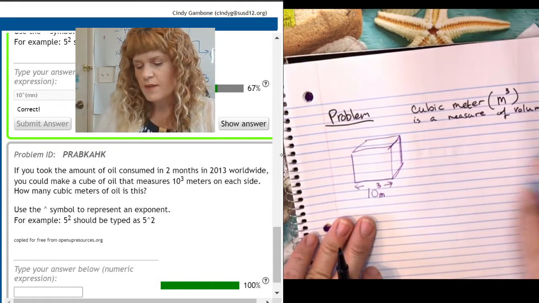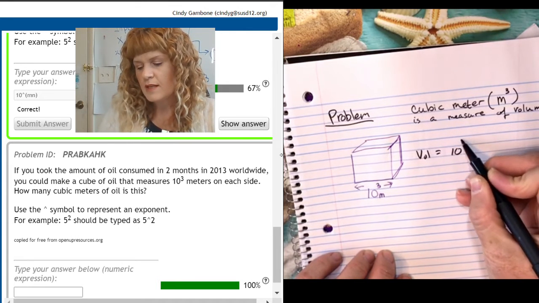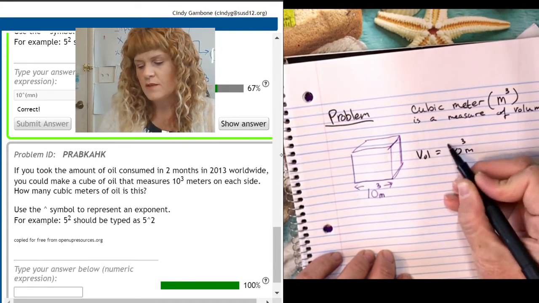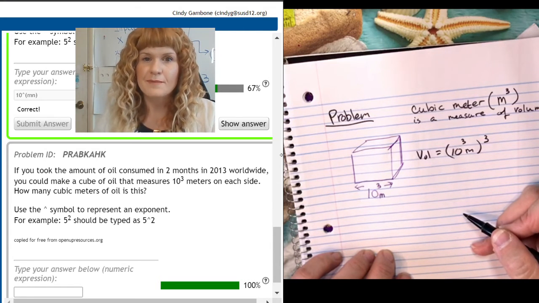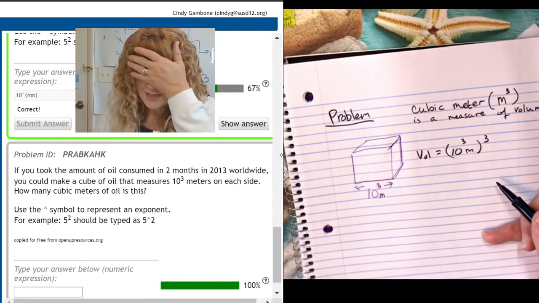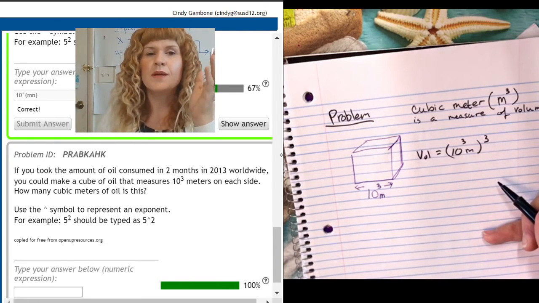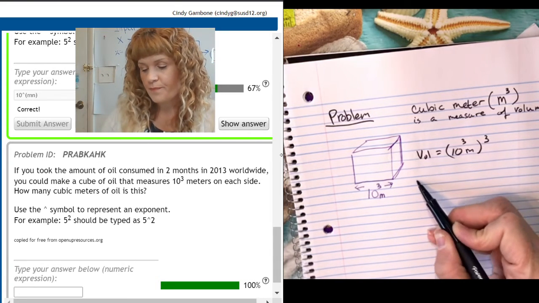So the volume of the cube is going to be equal to 10 to the third meters cubed, because that's length times length times length. So what is 10 to the third meters cubed? I'm going to write this out.